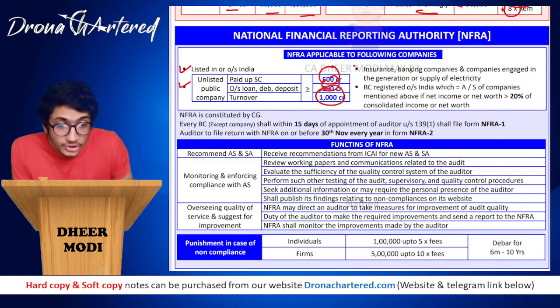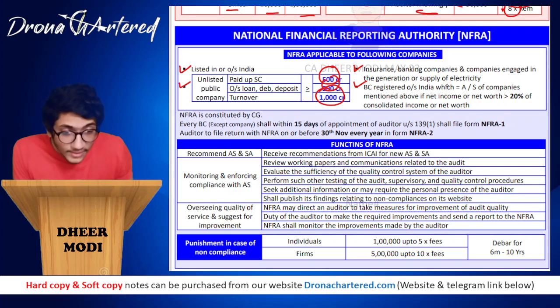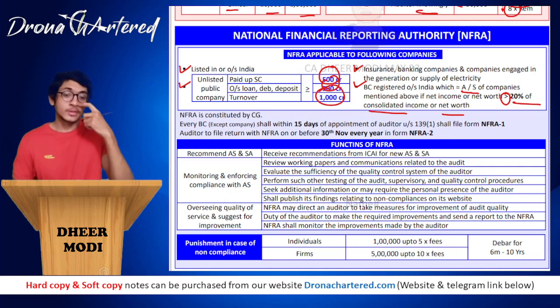Okay, so insurance, banking companies and companies engaged in generation or supply of electricity, it will be applicable irrespective of turnover. Any body corporate registered outside India, which is an associate or subsidiary of the companies mentioned above, if net income or net worth is more than 20% of consolidated income or net worth. What does this sentence mean?